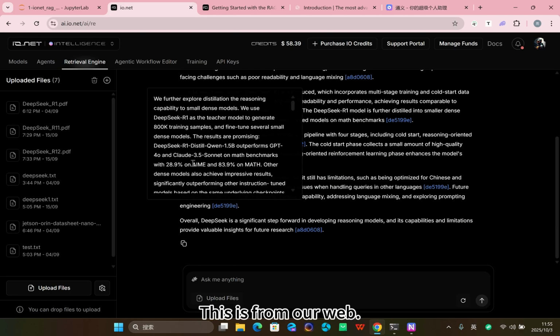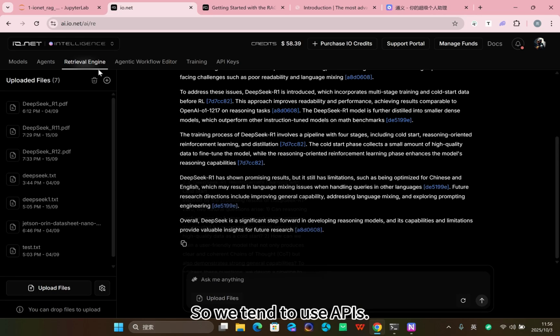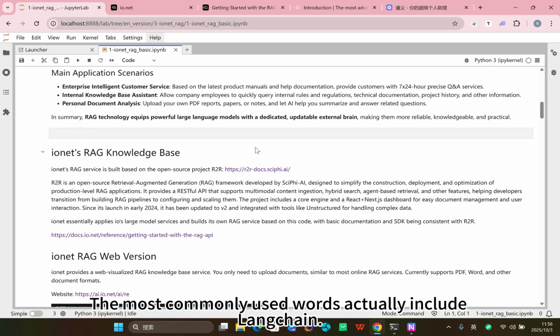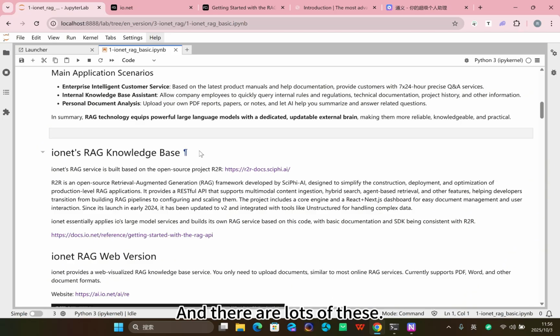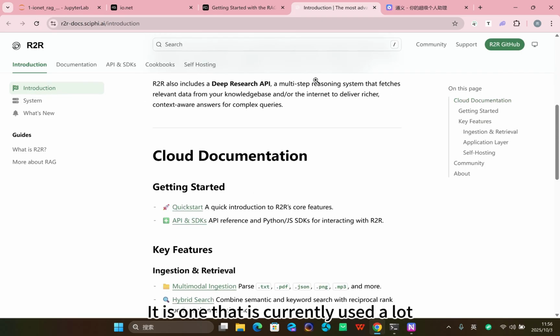This is from our web version. But because we are developing with the big model, we tend to use APIs. The most commonly used for RAG include LangChain, and there are lots of these. But if you want a complete, commercial-grade service, there are some very complete frameworks. IONET uses a framework like R2R, which is currently used a lot.